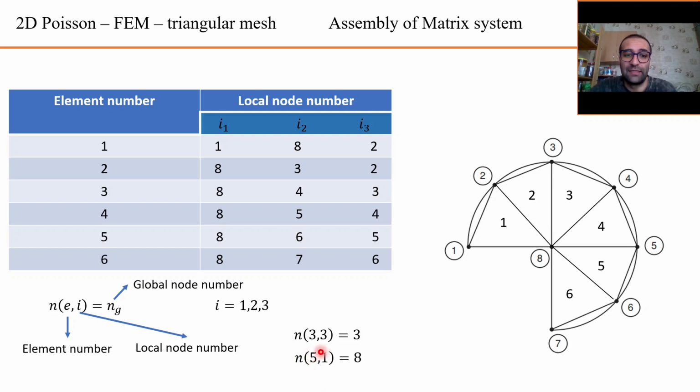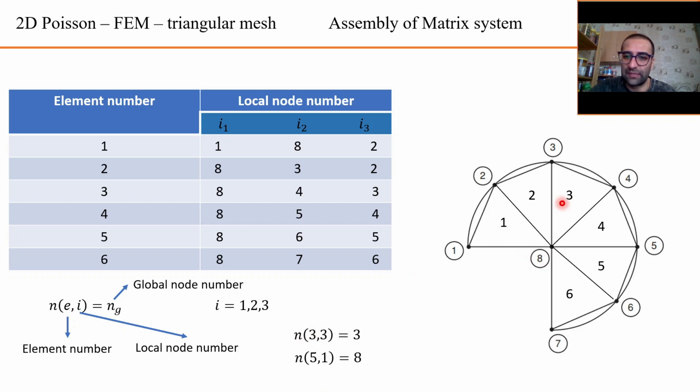For example, we ask what is the node number of the fifth element and the first local node. Fifth element, first local node is this one, therefore it is 8.